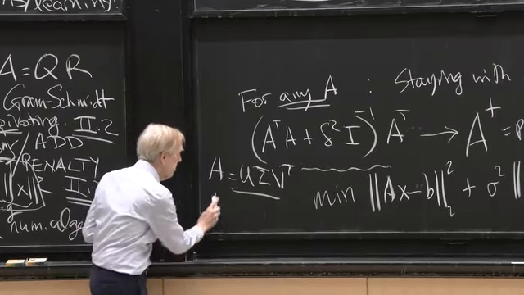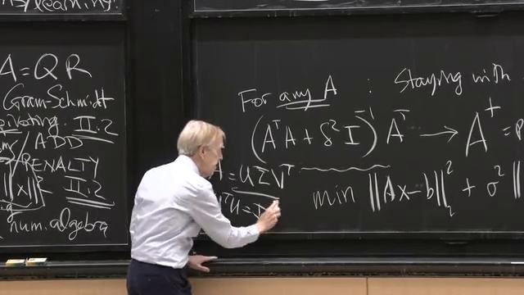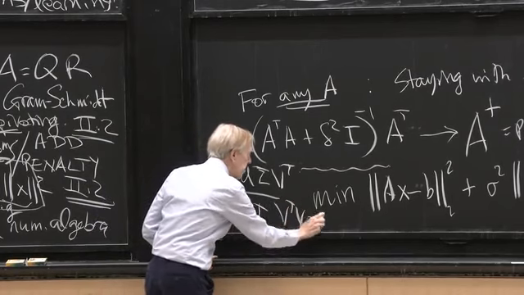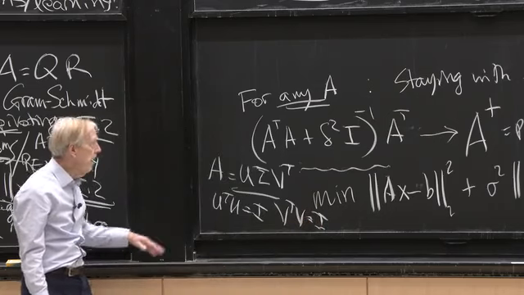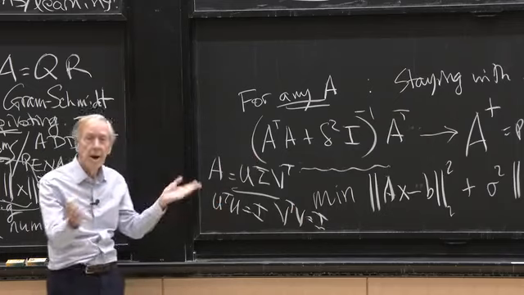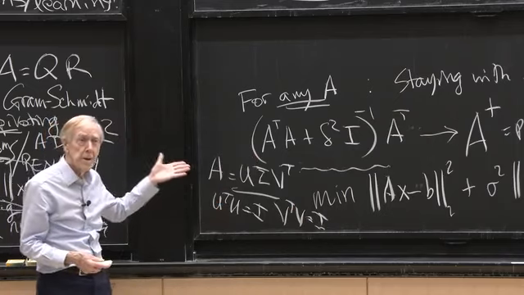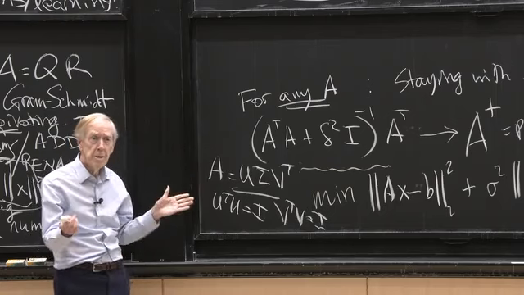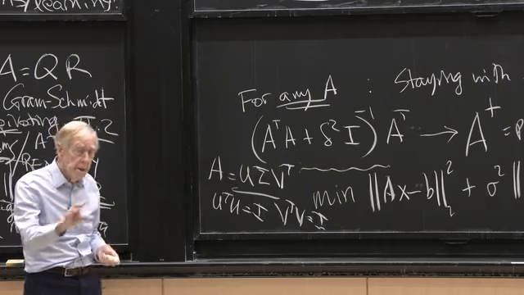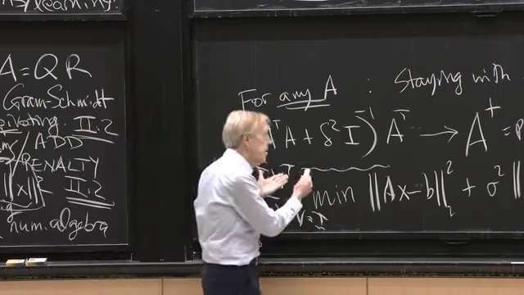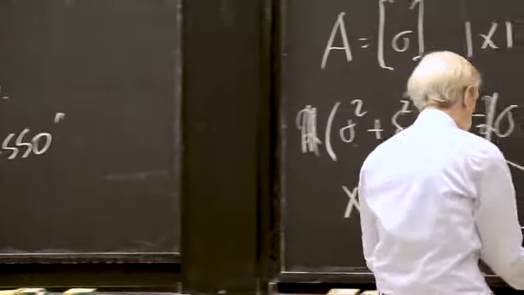If I have any good luck, I'll get an identity from here and an identity from there, and it'll all simplify, it'll all diagonalize. That's what the SVD really does: it turns my messy problem into a problem about the diagonal matrix sigma in the middle. So I might as well put sigma in the middle.